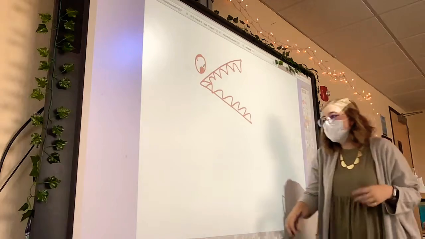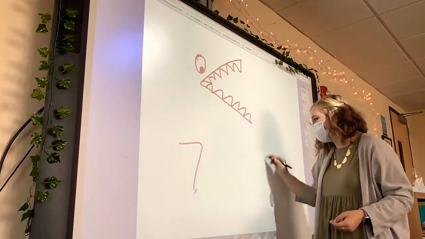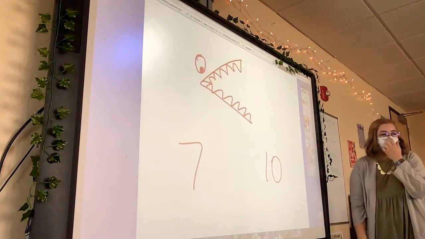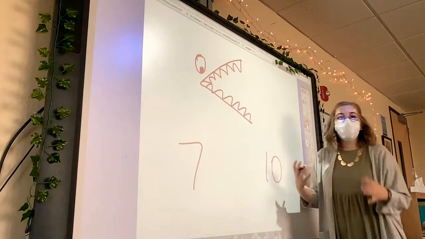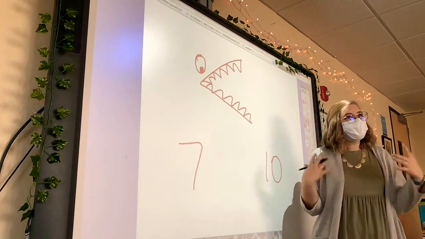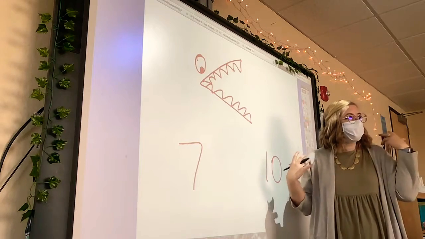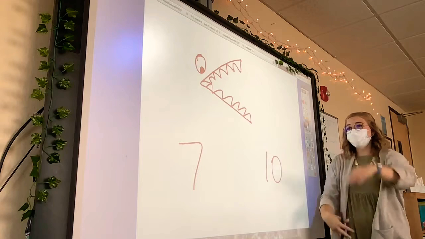So if I had the same example as last time, but the numbers were flipped, so I still have 7 and 10. Which one's bigger again? 10. So he's going to want to face towards the number that is bigger, right? Do you think he's going to want his back towards the bigger number or his mouth? His mouth. So the opening has got to face the bigger number.